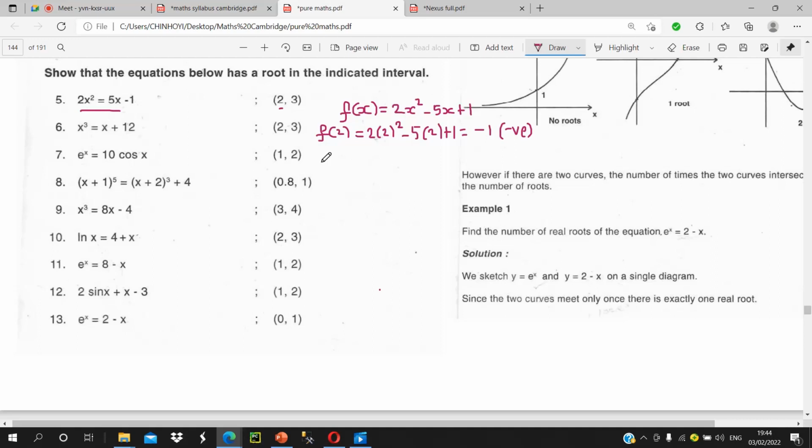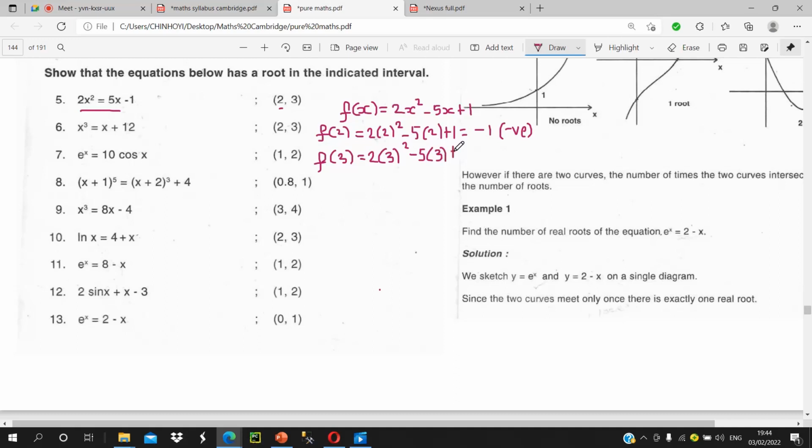Then you do the same for f of 3. You are going to have 2 times 3 squared minus 5 times 3, plus 1.